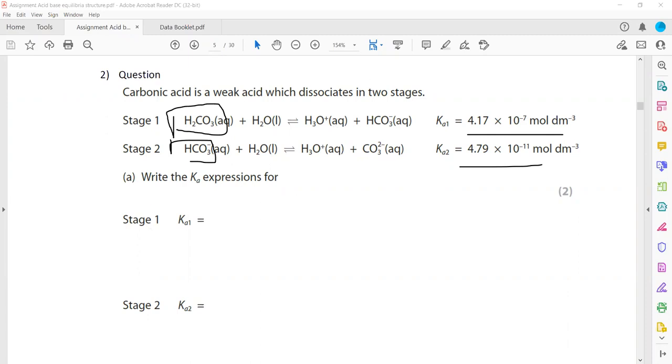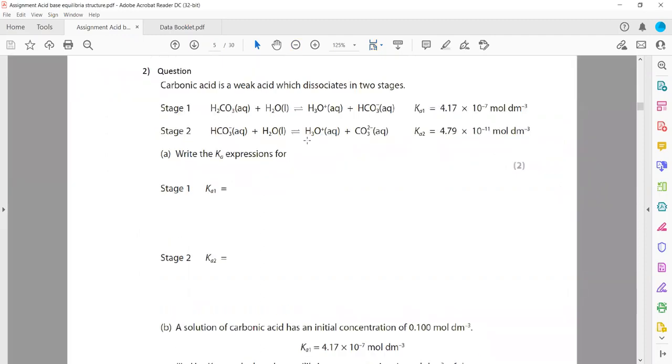So we have to write an expression for the dissociation constant for the first stage and the second stage. It is always product divided by reactant. So for Ka1, the product is given. This is a heterogeneous equilibrium. Heterogeneous equilibrium means we have different states. In a heterogeneous equilibrium, we don't include solids and liquids because their concentration remains unchanged.